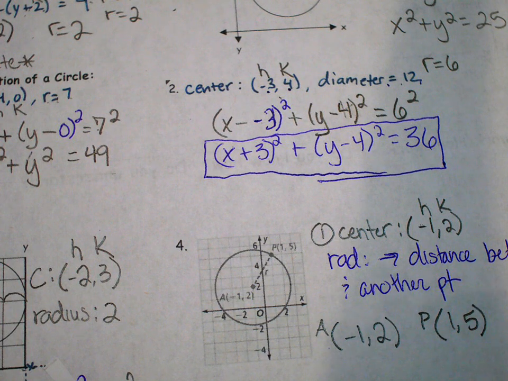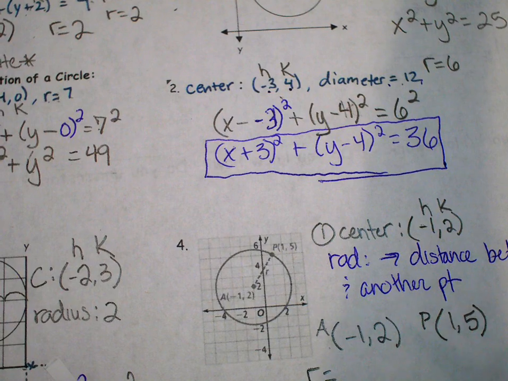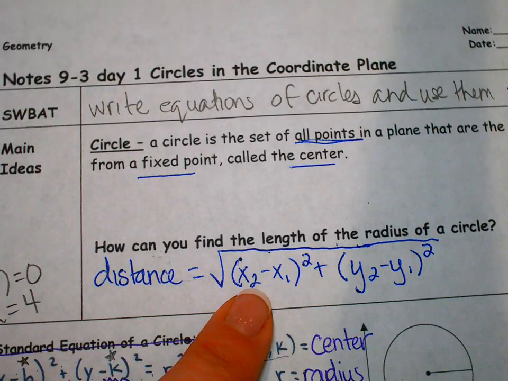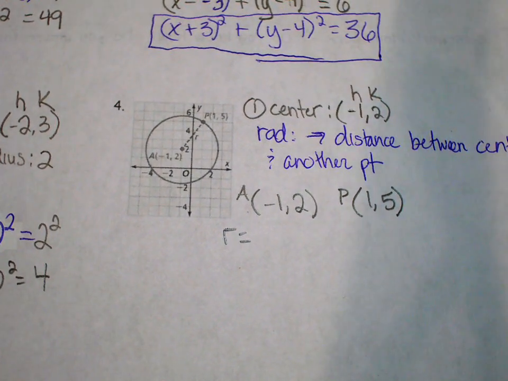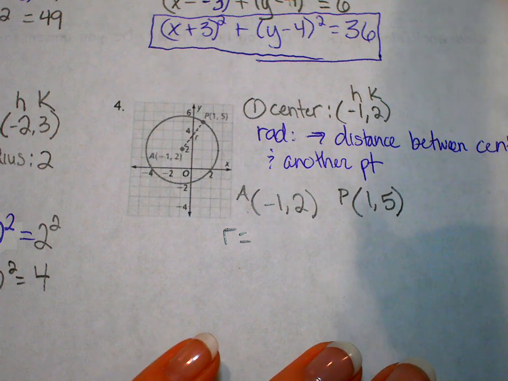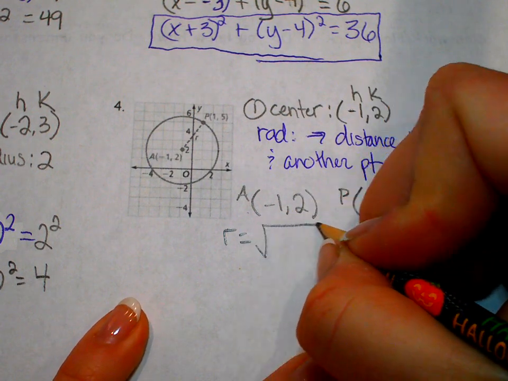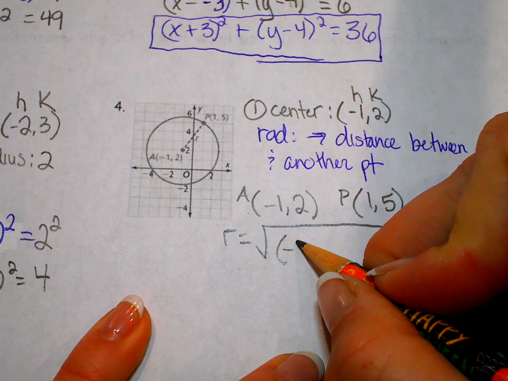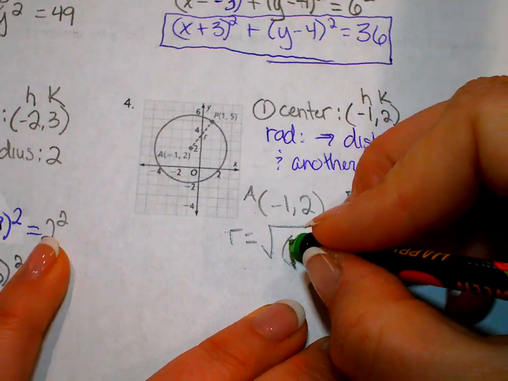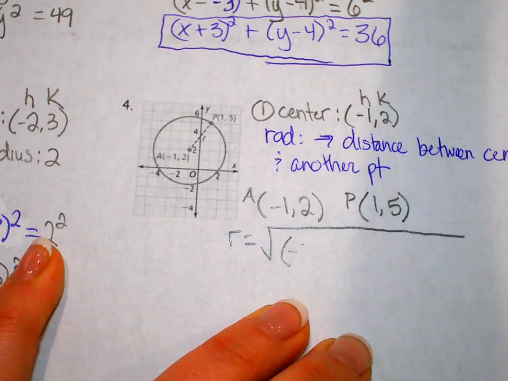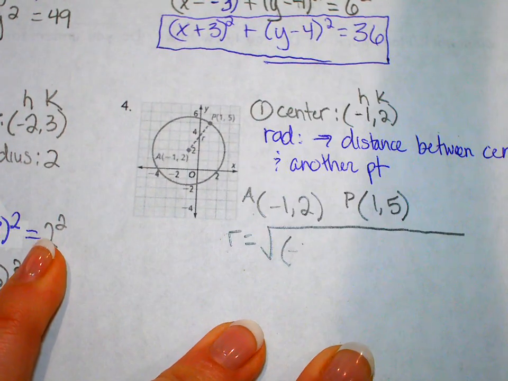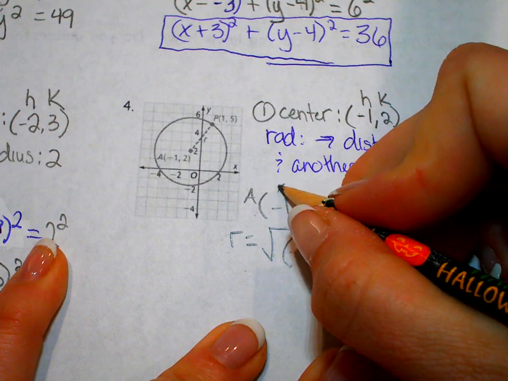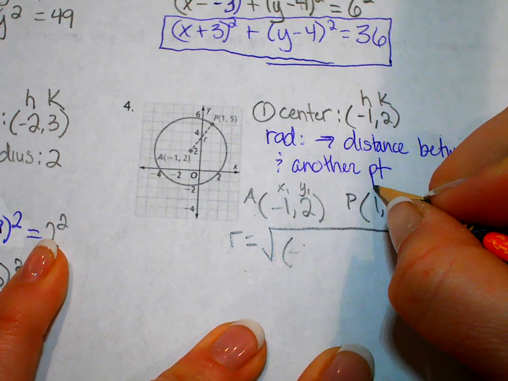Distance formula, my radius is going to be up here at the top. Remember this? Reference this up on top. Number 4, the distance formula. Square root of... let's do x2 minus x1, squared, plus y2 minus y1, squared. I was being consistent with that. Let's not change it up now. If this is x1, y1, x2, y2.